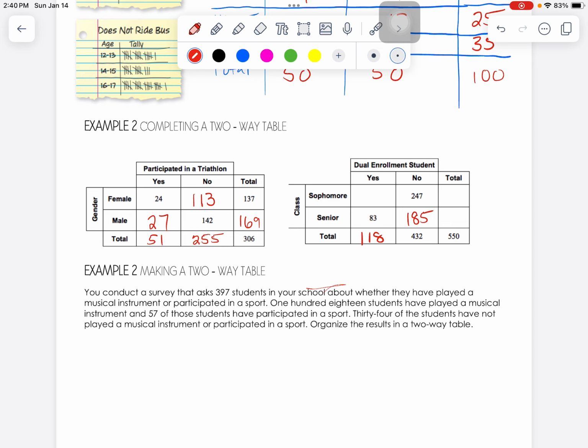To find the sophomores who were dual enrolled, I'm going to do 118 minus 83, which gives me 35. And now I can find those other two totals, so 35 plus 247 gives me 282, and 83 plus 185 gives me 268.